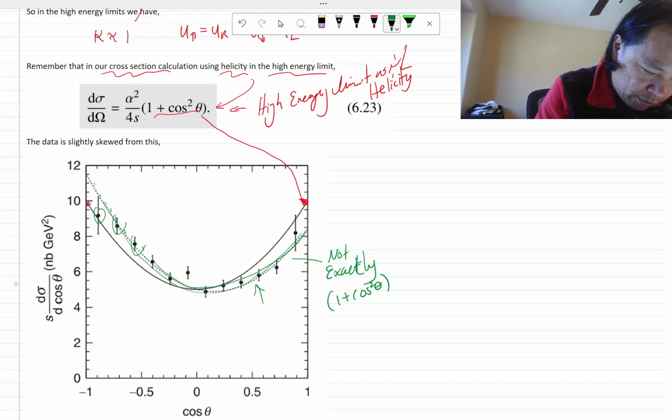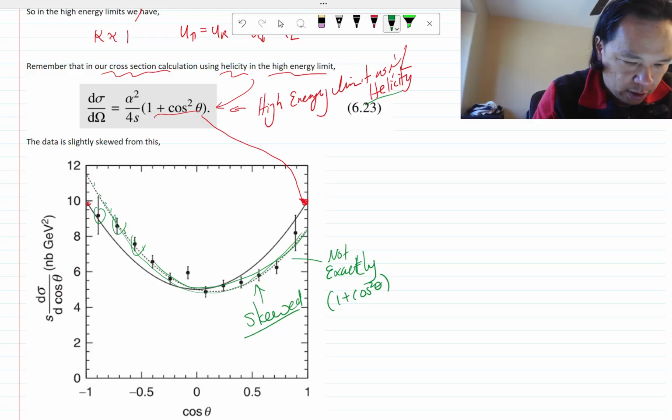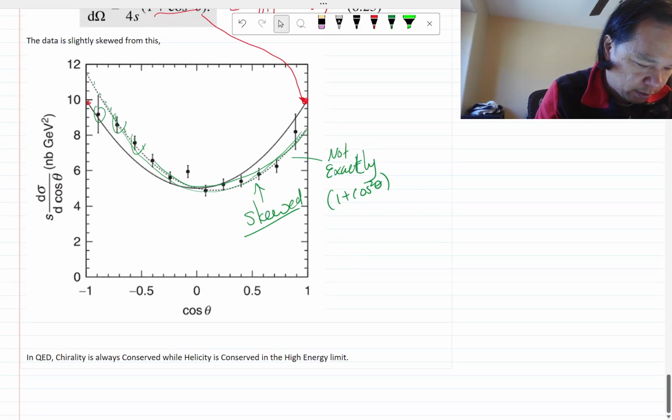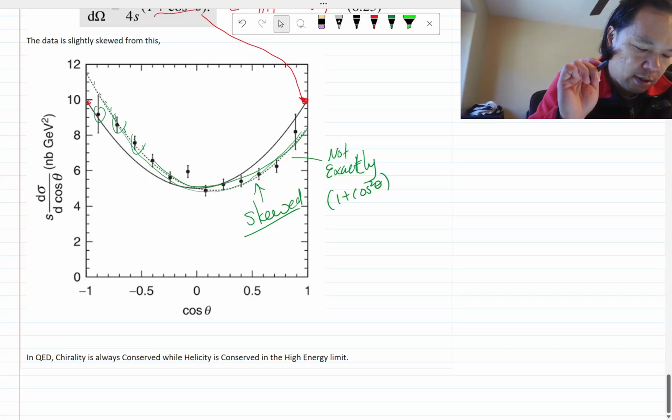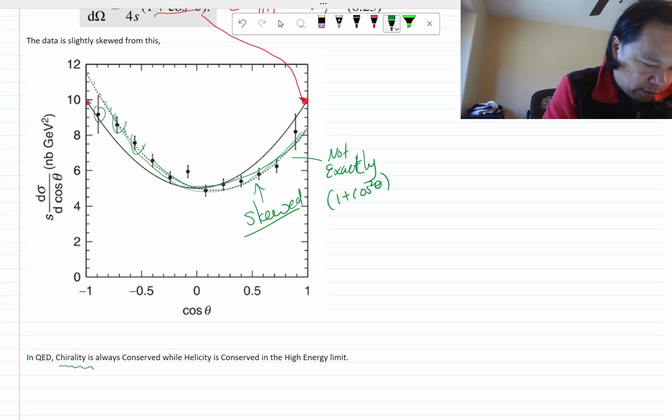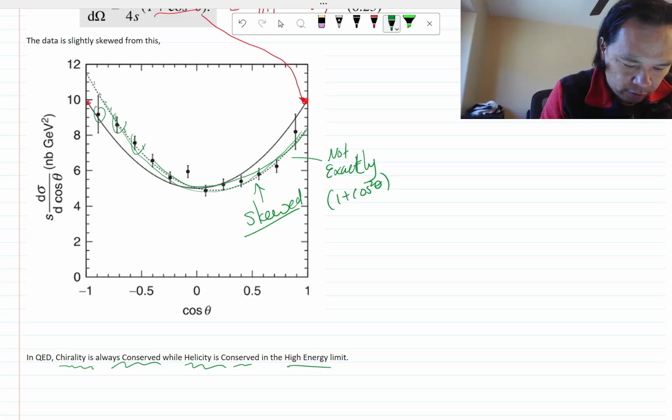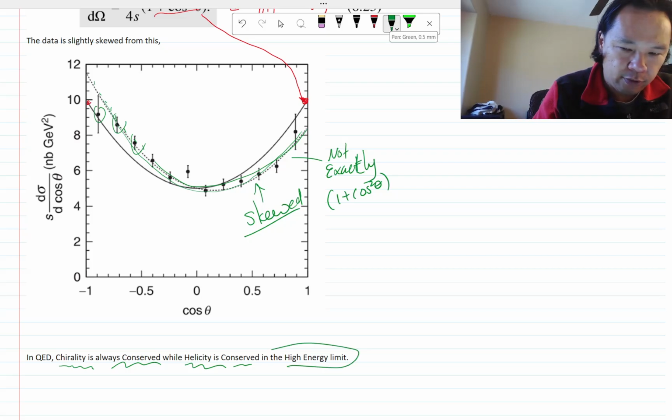This is skewed because we made this high energy limit approximation. Okay. So chirality is always conserved, and therefore you can use it all the time, but the calculation is a little bit harder, whereas helicity is conserved only in the high energy limit. Okay. So that's the difference between these two.